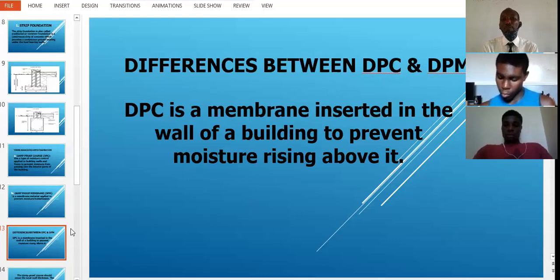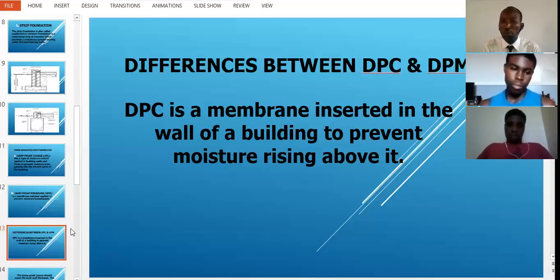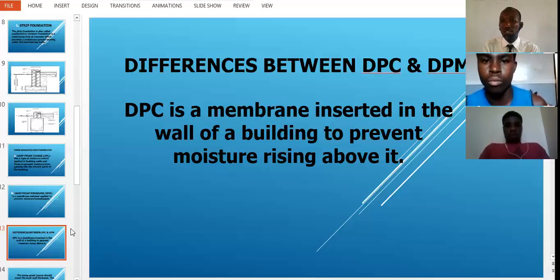Please take note of that word, wall, of a building to prevent moisture rising above it.